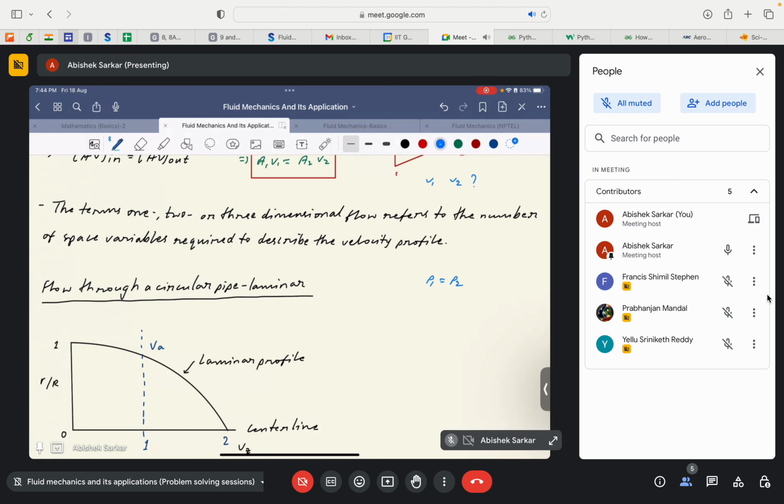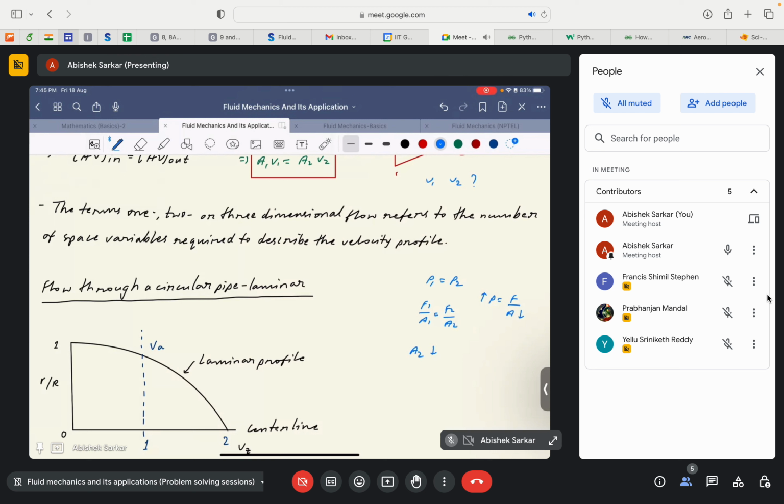I got your question, but I'm approaching it from the fluid mechanics point of view. Then we say that F1 by A1 is equal to F2 by A2. You are saying that if A2 is going down, then P2 should go up, right? Since pressure is equal to force per unit area, if area is going down, pressure should go up.